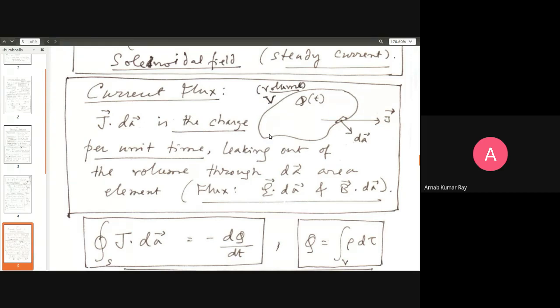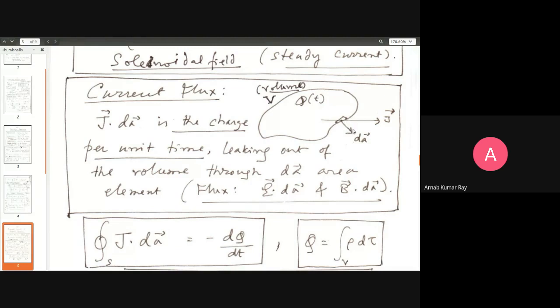Integrated over the whole area, here it is. If you want to integrate over the whole area, J being a vector, area is also a vector, dA is a vector. Integrated over the whole area, you first have to write down J dot dA. Both being vectors, you have to be careful. You'll have to take the dot product. J dot dA is the charge per unit time, meaning we are talking about current over here, leaking out of the volume through area element dA.